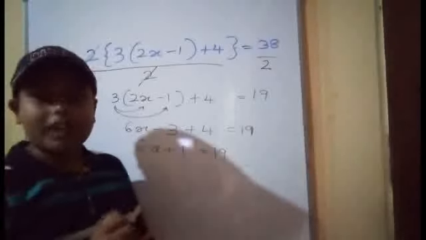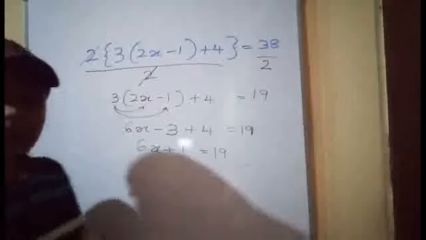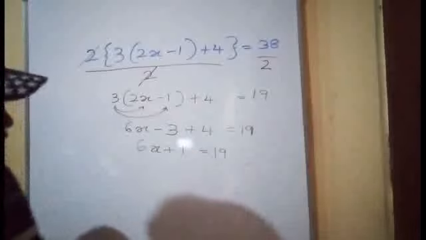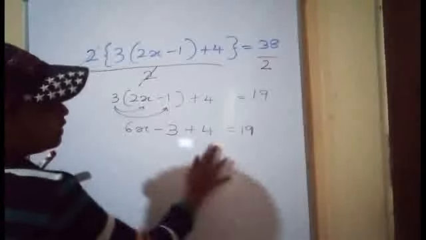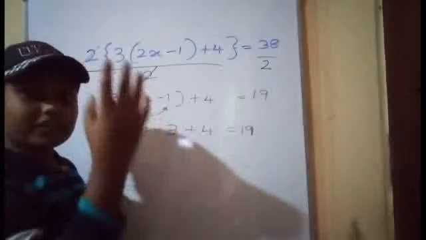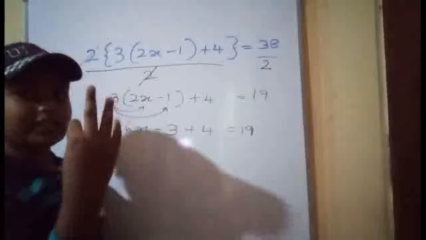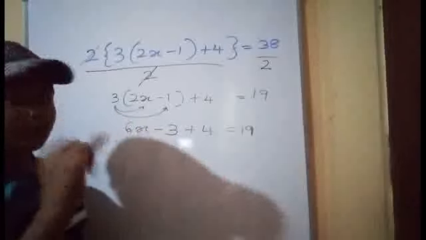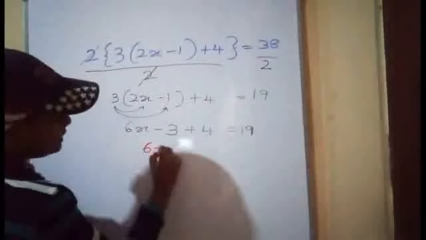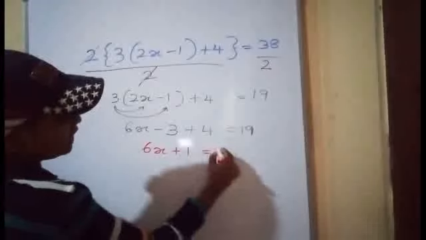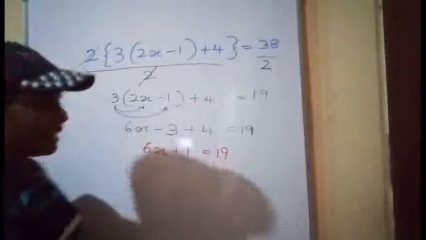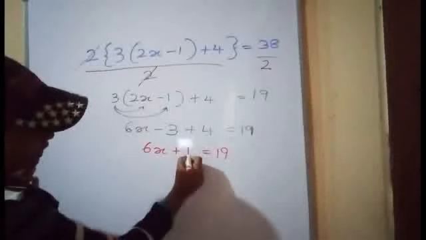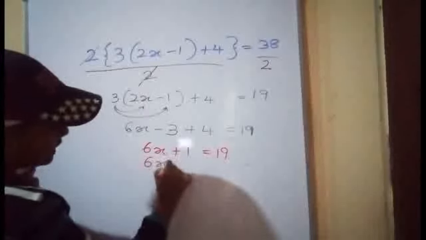We have some trouble with this in the exam. So we get minus 3, minus 2, minus 1, 0, plus 1. Now 6x plus 1 equals 90, and we have the linear equation. So we subtract 1 from both sides.